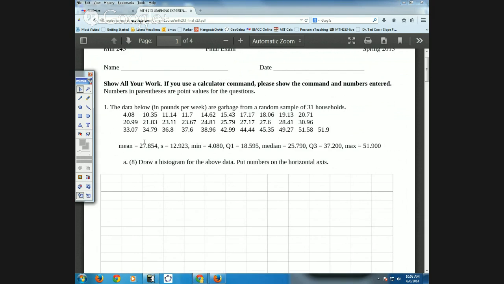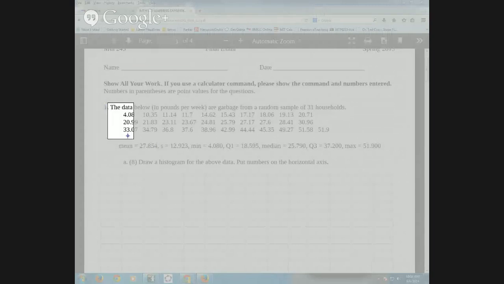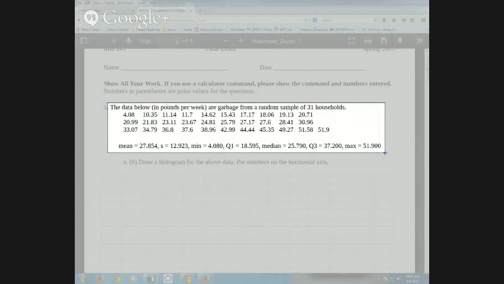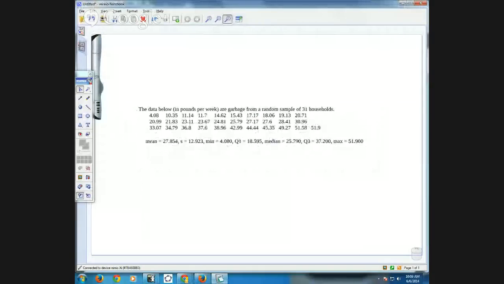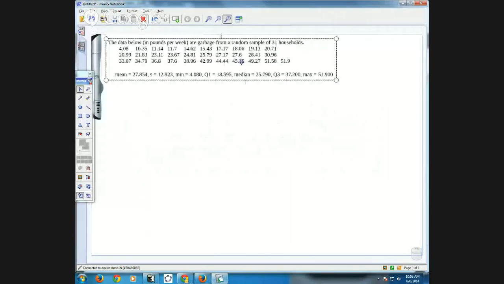So let's do that. I'm going to copy some data here. It's question number 1, but I'm perverting it into a new problem. Can you guys see those numbers?